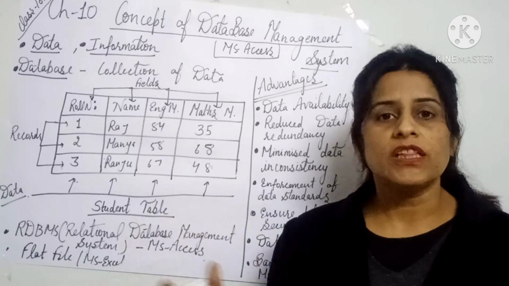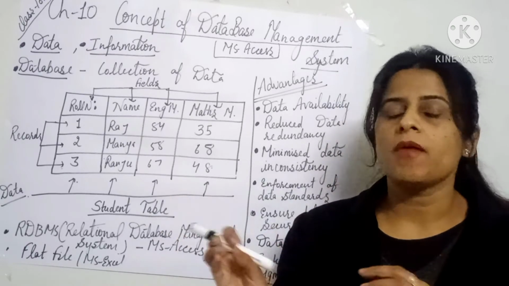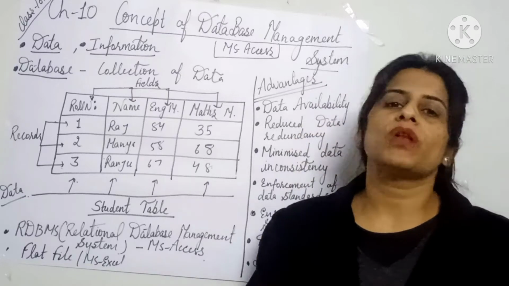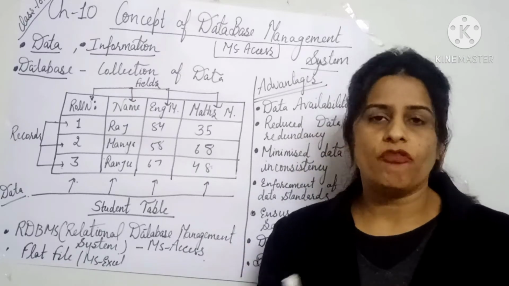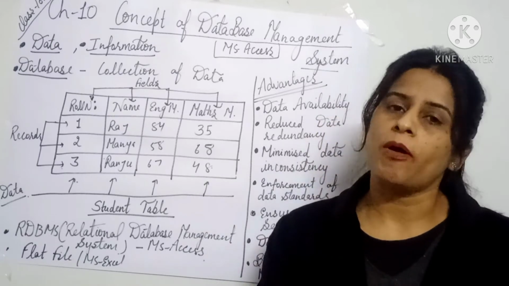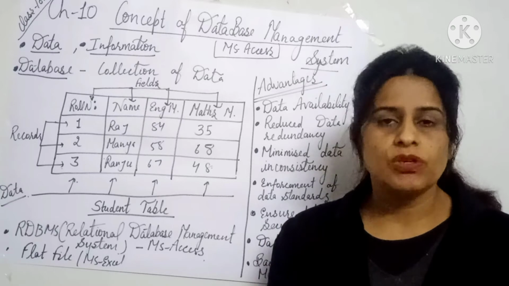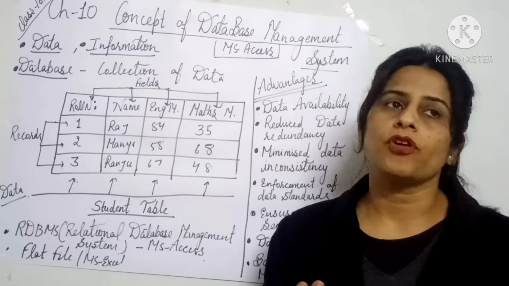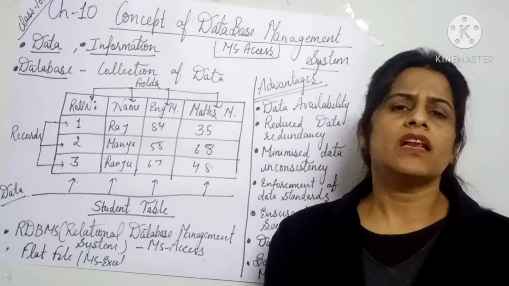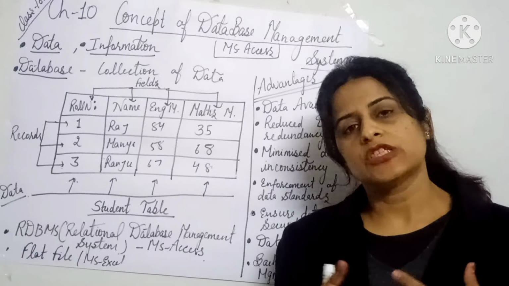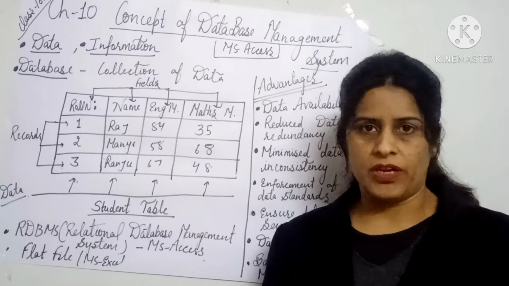When you collect all these tables together and they are combined with each other to get the information you want, that is known as the database of your DPS school, in which everything is stored about the school: information of the students, teachers, fees, books issued, and many more, in one software known as the database management software.